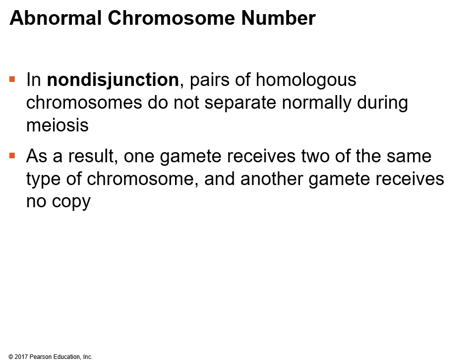We have non-disjunction. Non-disjunction occurs when chromosomes do not separate properly during meiosis. As a result, one gamete receives two of the same type of chromosome and another gamete receives no copy.